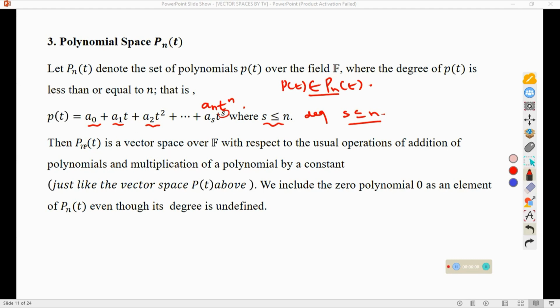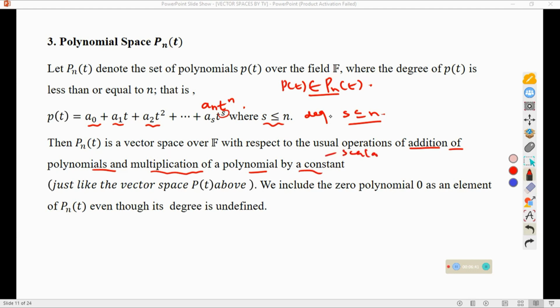So basically we can easily define the operations of addition and scalar multiplication using the same format we did in our previous polynomial space. In other words, we use the usual operations of addition on polynomials, how to add the polynomials, we dealt with that, and we also deal in the same way with the multiplication of a polynomial by a constant, or what we can call a scalar.